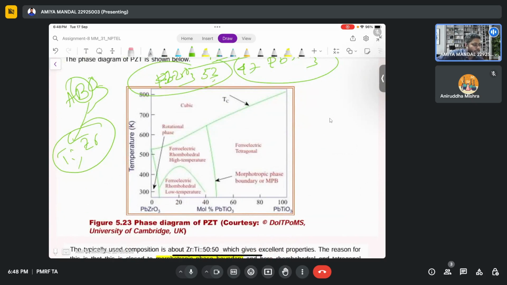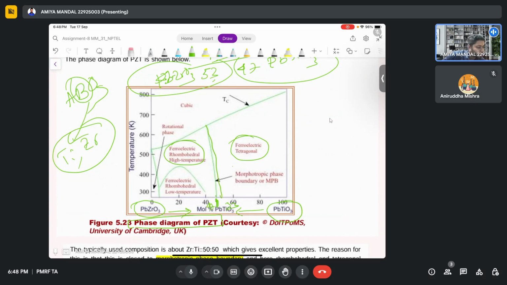This is a phase diagram of lead zirconium titanate, where the lead zirconate percentage and lead titanate percentage are shown in mole percentage, from 0 to this point and from 100 to this point. Approximately 47-53% is here, and there is a ferroelectric tetragonal phase in this region for lead titanate, and a ferroelectric rhombohedral phase at high temperature.